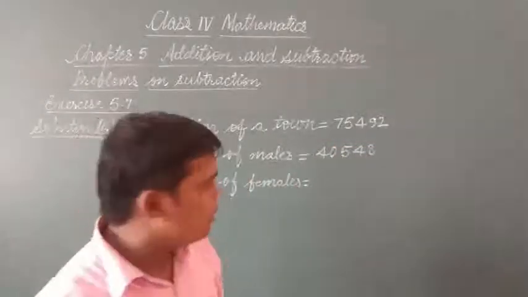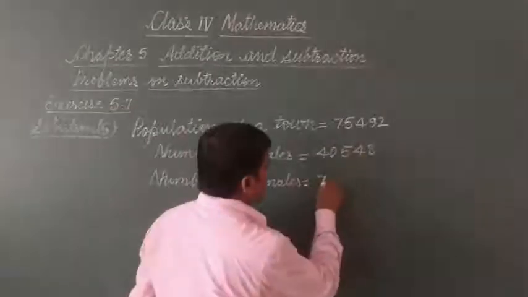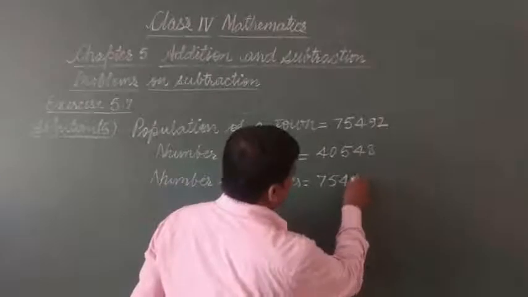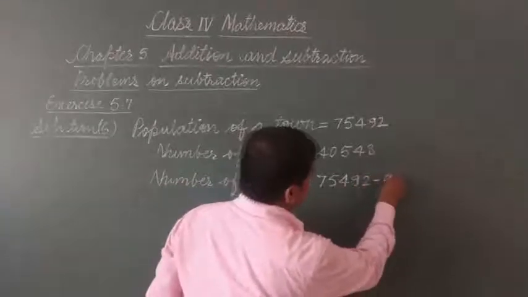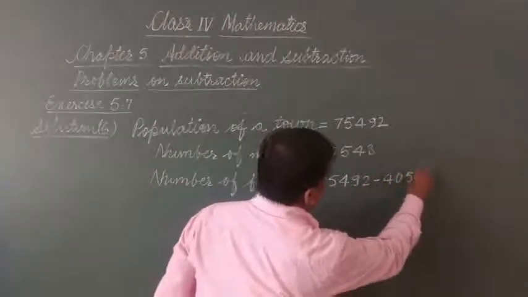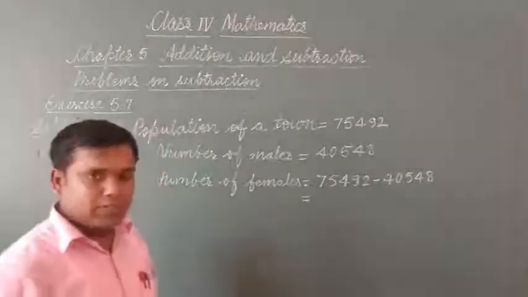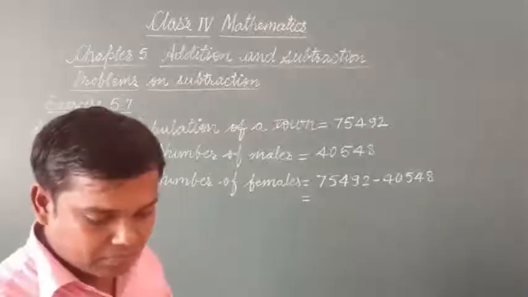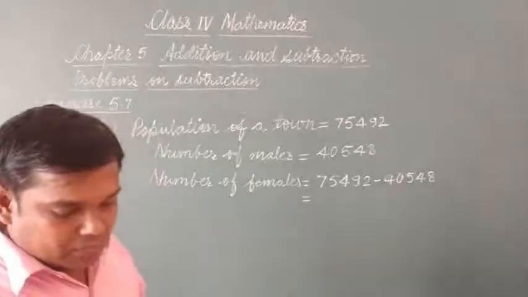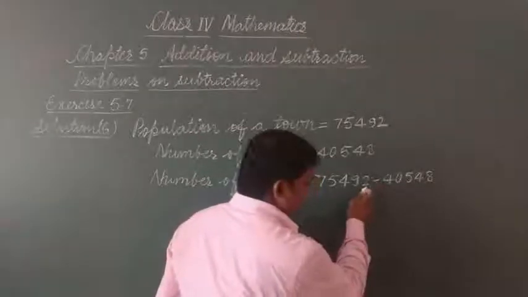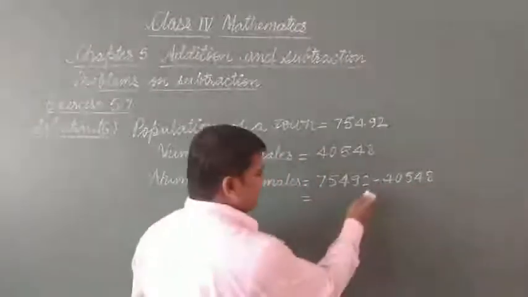We write here 75,492 minus 40,548. So when you subtract, you will get your answer. From 2, 8 will not be subtracted, so we take borrow.